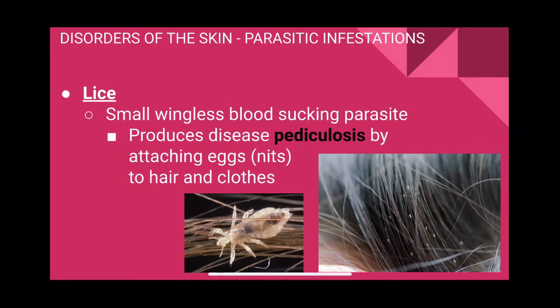The first parasitic infestation we'll talk about is lice. Lice are small, wingless, blood-sucking parasites that produce a disease called pediculosis by attaching their eggs, which are also known as nits, to your hair and your clothes.